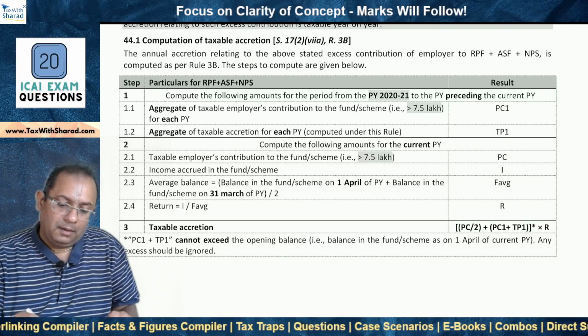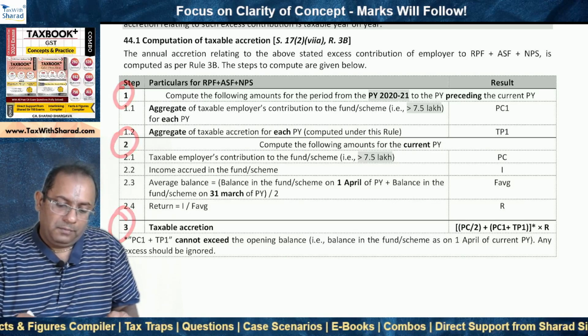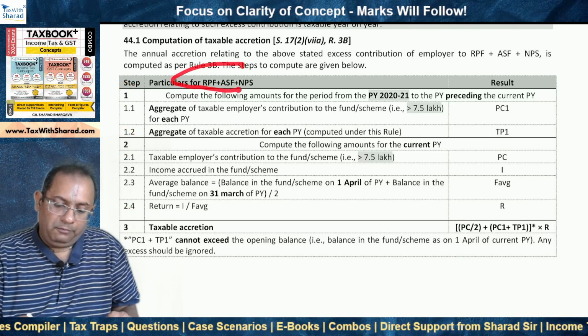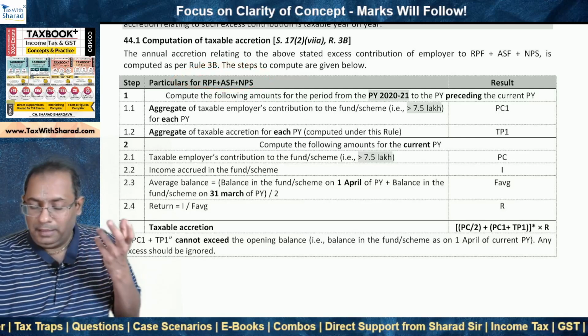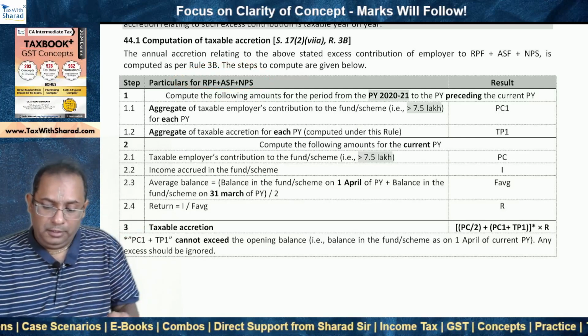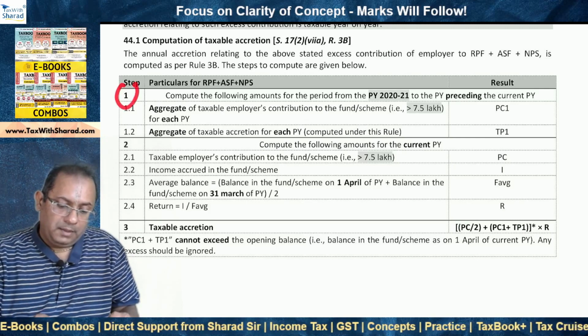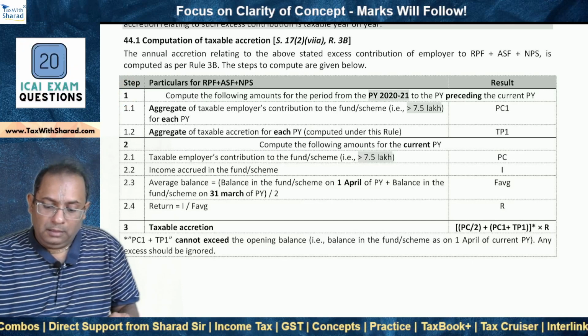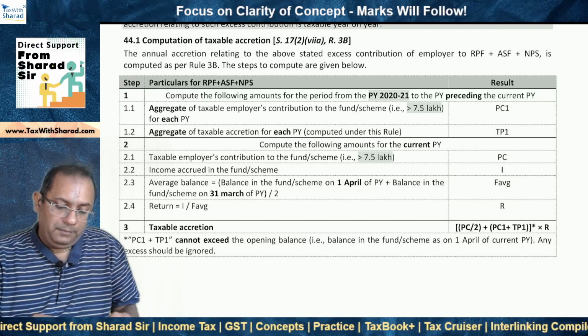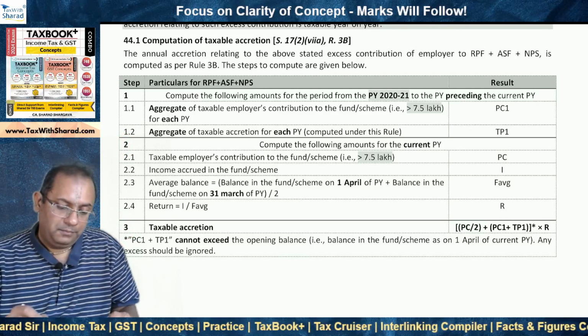Now, these are the steps, and there are 3 steps basically, 1, 2, 3, and particulars for RPF plus ASF plus NPF plus NPS, because the combined amount or the aggregate is what needs to be seen. And what we basically do in step 1, we compute certain amounts for a particular period. Similarly for step 2, and in step 3 we compute the amount of taxable accretion.